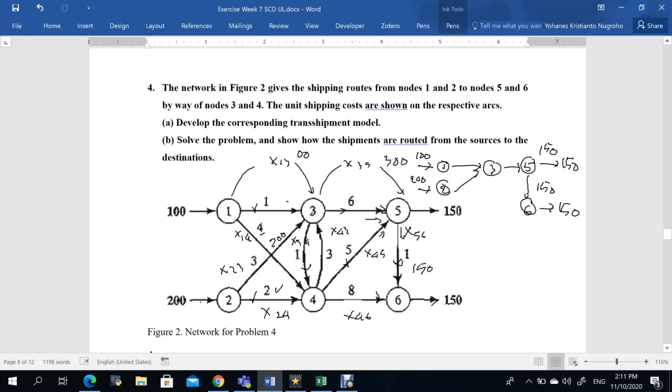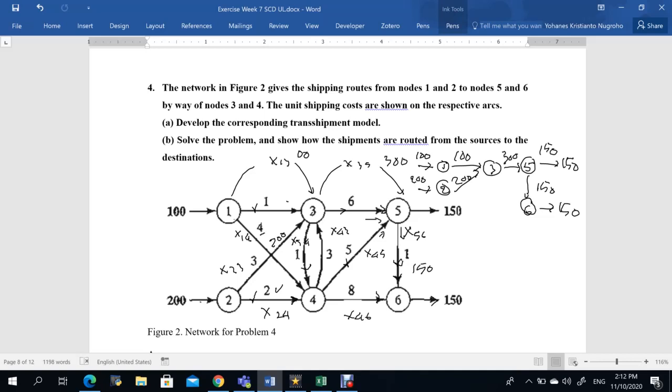Here 100, 200, and here 300. These are the new arrangement, or the new network, for distributing product from both 1 and 2 to both 5 and 6. And we can see that node 4 is actually not used at all with regard to cost minimization of these transportation routings.